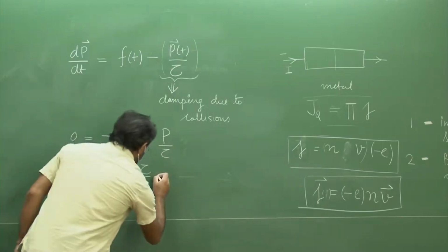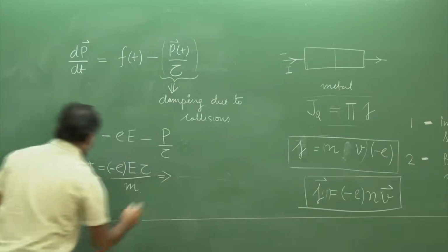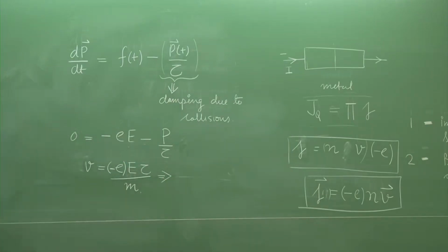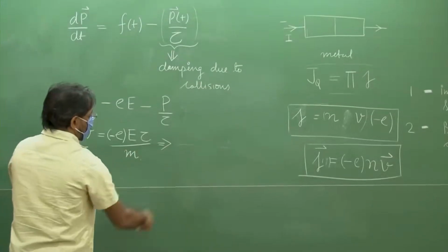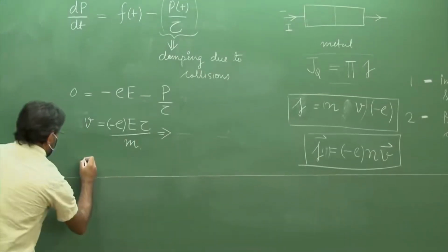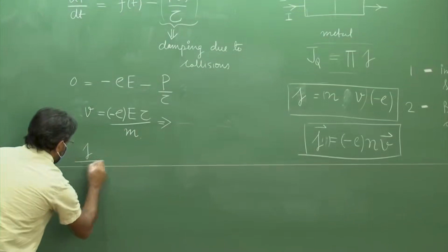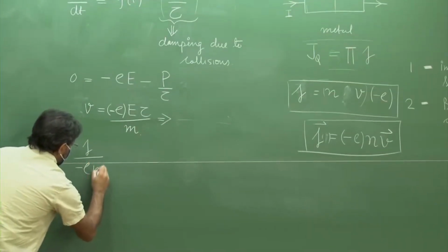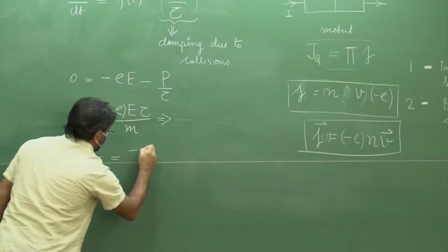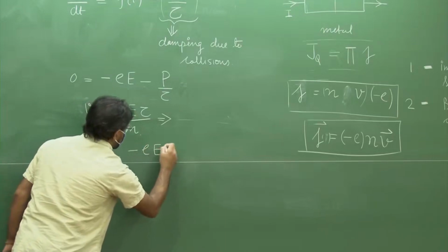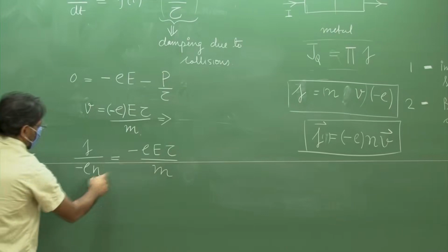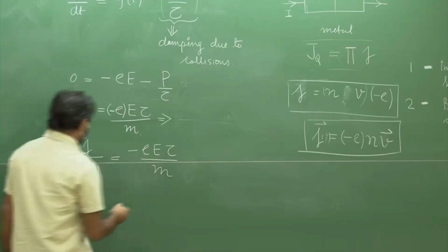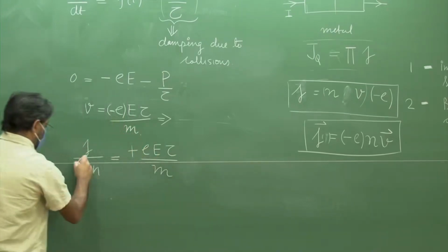So if you do so, what will you get? So you will get J divided by minus En. So this will be J over minus En is equal to minus E tau by m, and you can take these guys up and rewrite it. So minus minus will get cancelled.